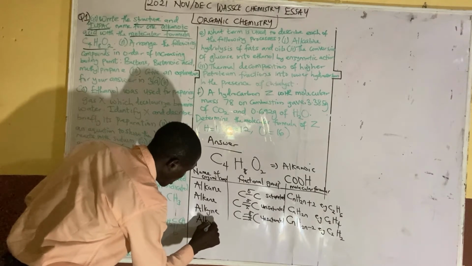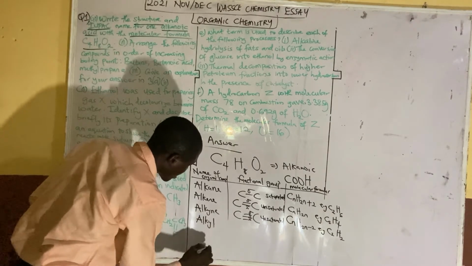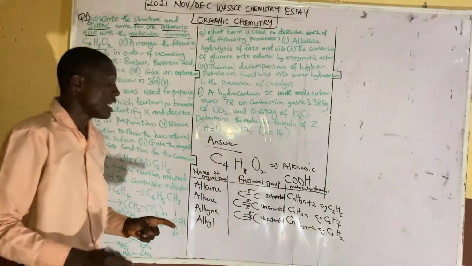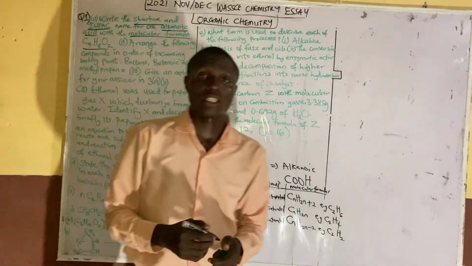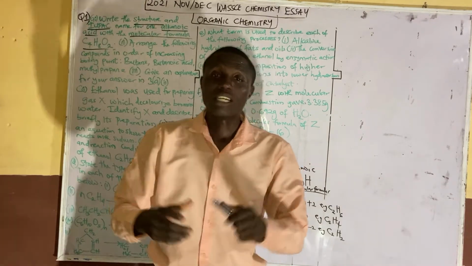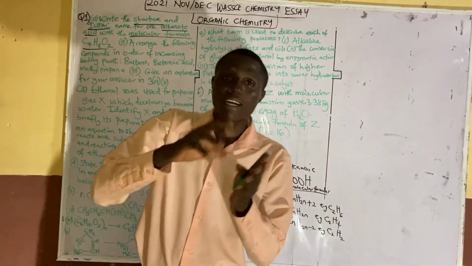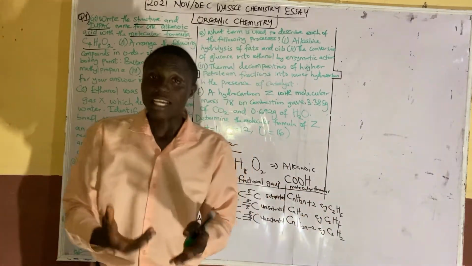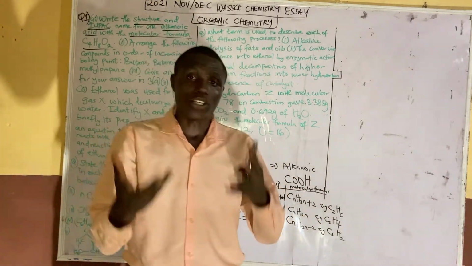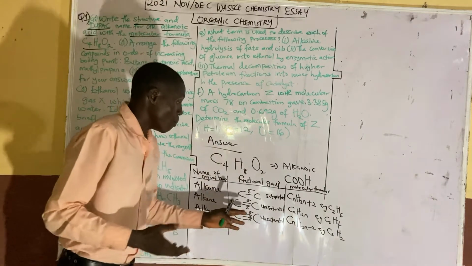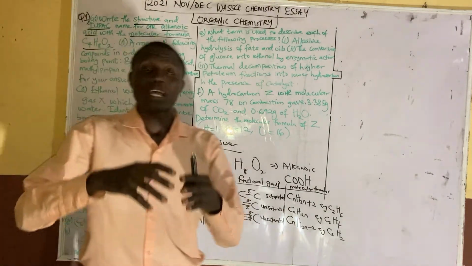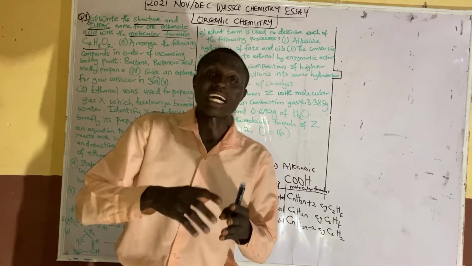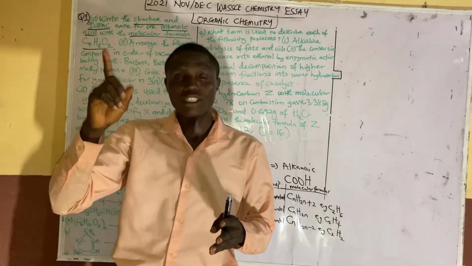Another one that we call alkyl is usually a substituent. We usually find alkyl groups as substituents, such as methyl and ethyl. They come from an alkane that has lost a hydrogen.